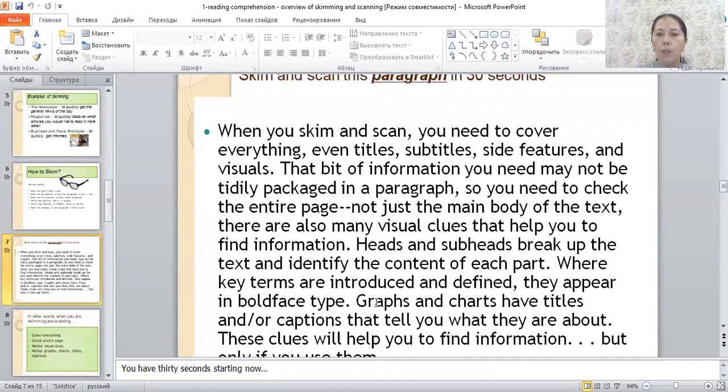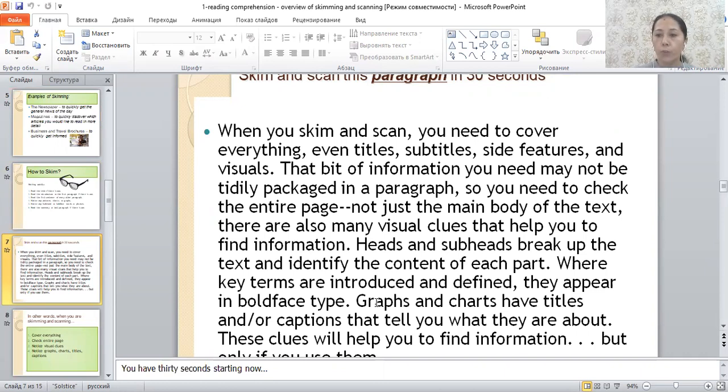When you skim and scan, you need to cover everything, titles. Why? Because they are very useful and they are the main hints to gain the materials, not all, but which you are required. So for scanning, you should also pay attention to detailed names or numbers.